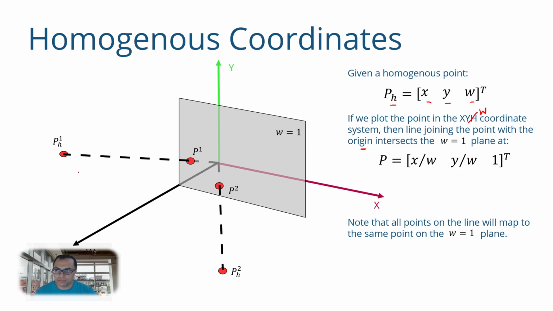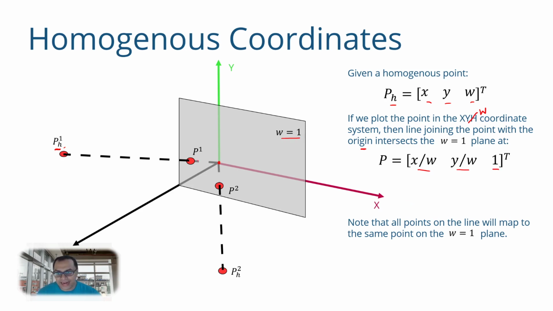Okay, so suppose this is your point PH, and this here is your origin. You join the origin with this point, then this line is going to intersect the w equal to 1 plane, okay, at a point that is x by w, y by w, 1.